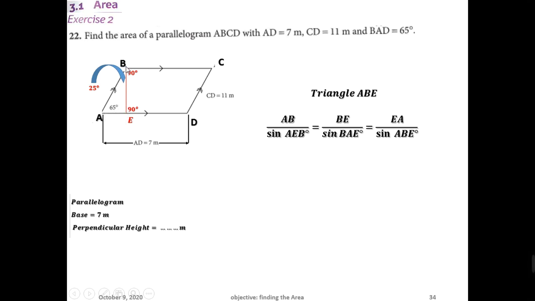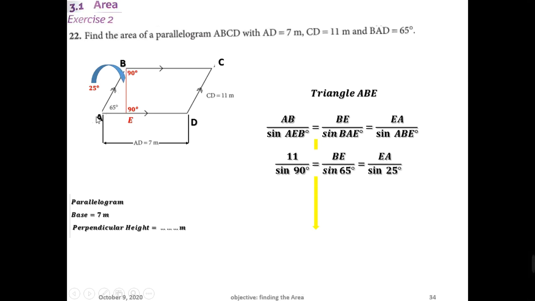If we carry on, it is equal to side BE over sine of the angle that is opposite to side BE, which is angle BAE, 65 degrees. Then side EA over sine of the angle opposite to side EA, and this angle is the 25 degrees, angle ABE.